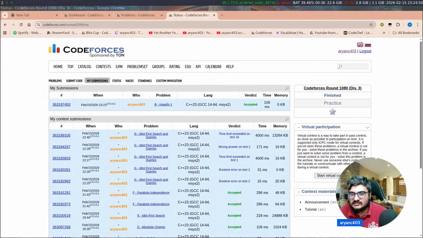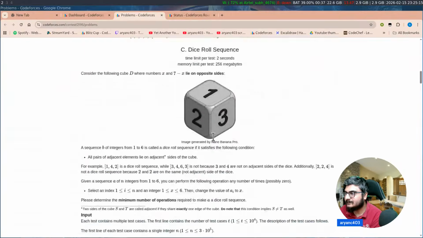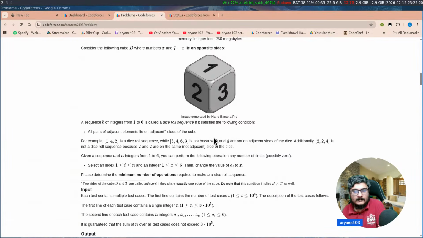So this was problem B. Any questions, anyone, on problem B before we jump on to the next problem? Otherwise I will move to problem C. So any simple ideas anyone has on problem C?